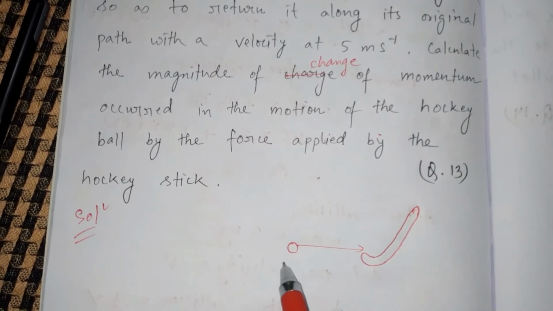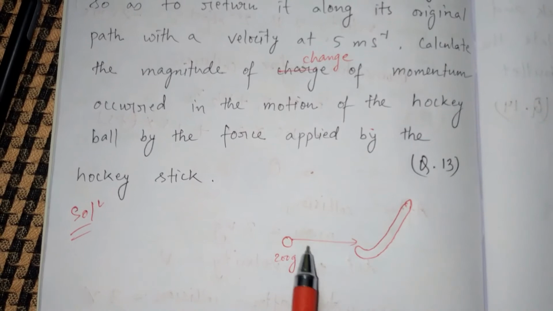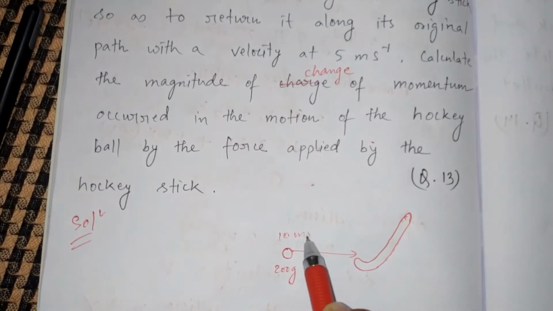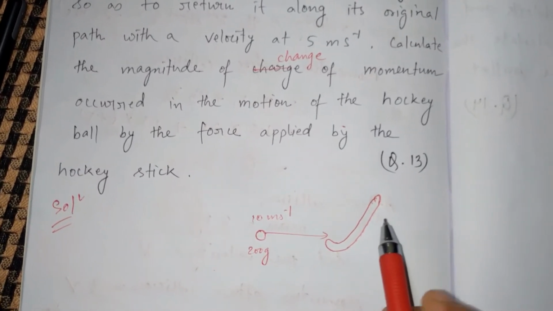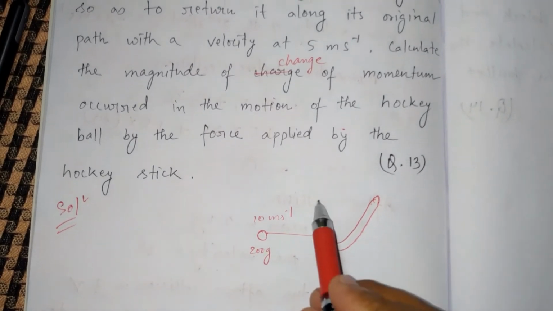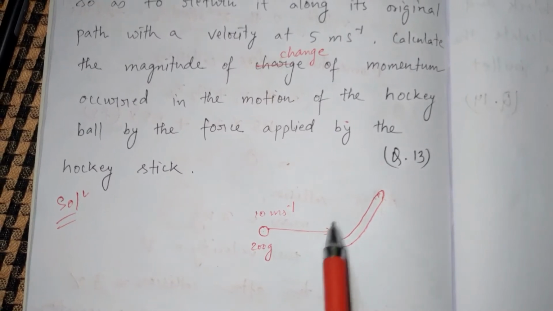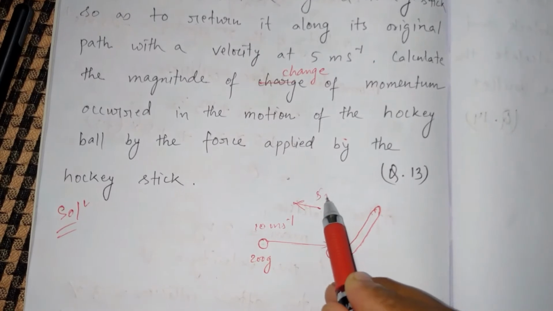It is coming towards the hockey stick with a velocity of 10 meter per second. It's struck by this hockey stick. Then what happens? It goes in the same direction it came from earlier, with a velocity of 5 meter per second.